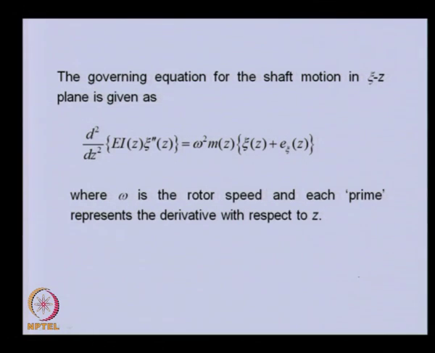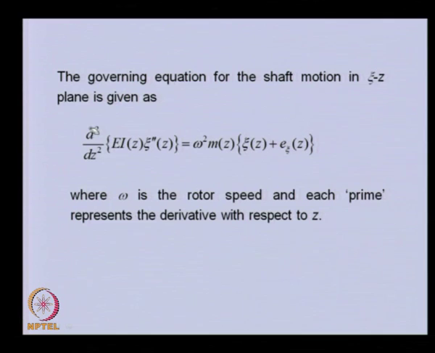Okay. Now, we will take up the governing equation of the shaft in the continuous system approach, and we are taking this in the x-z plane. This is the equation of motion which we derived during the transverse vibration when we considered the continuous system approach. You can see this prime is basically the derivative with respect to z, and double prime means a double derivative with respect to z.